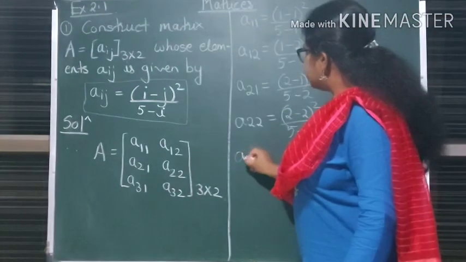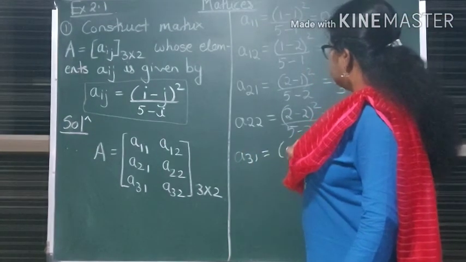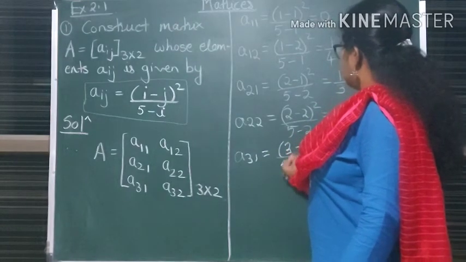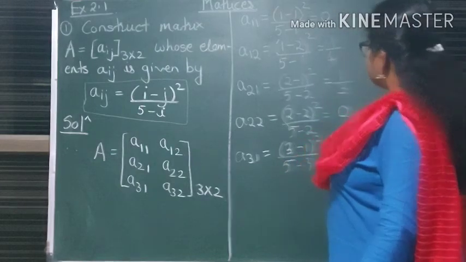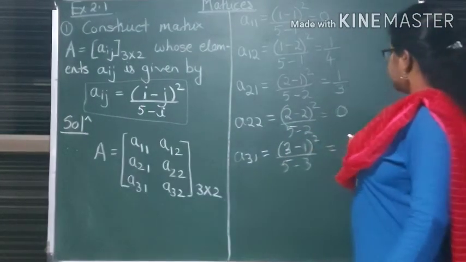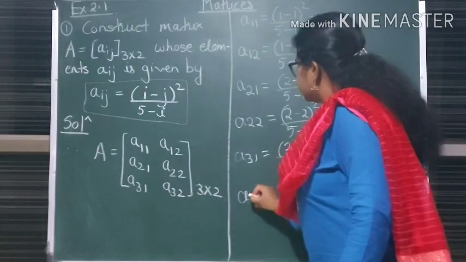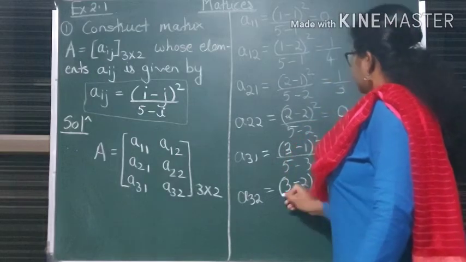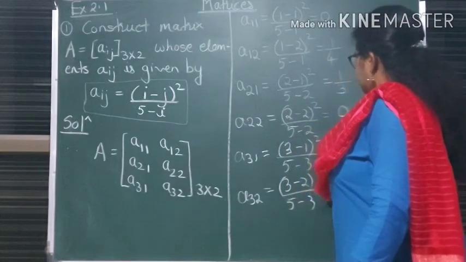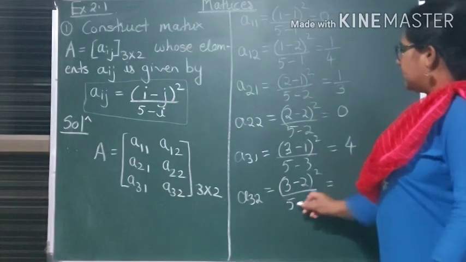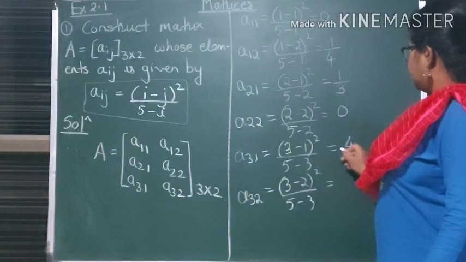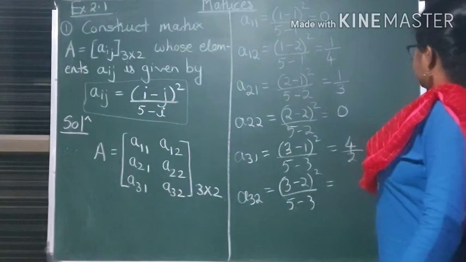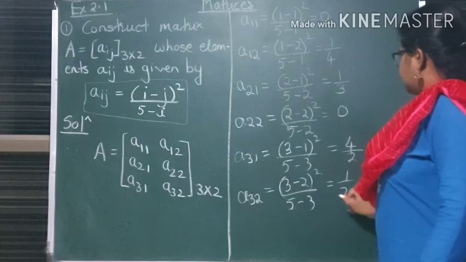The next element is a31. a31 means (3 - 1)^2 upon 5 - 3. 3 minus 1 is 2, 2 squared is 4, and 5 minus 3 is 2, which gives 4 upon 2, which is equal to 2. Then a32: (3 - 2)^2 upon 5 - 3. 3 minus 2 whole squared is 1 and 5 minus 3 is 2, so this is 1 upon 2.